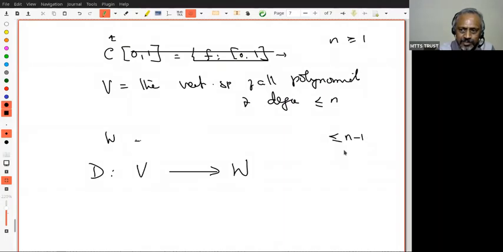The image will be a polynomial of degree n minus 1 at most. I'm denoting the linear map by capital D. If P is a polynomial, D of P is P dash, the derivative.